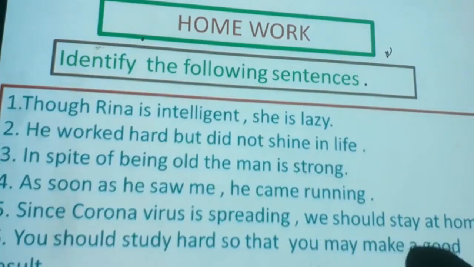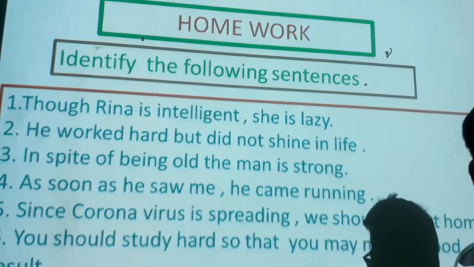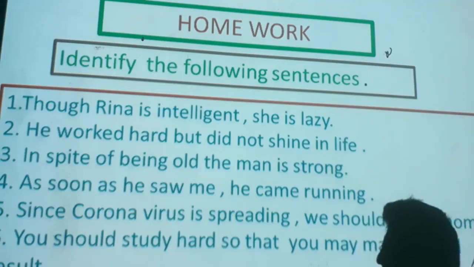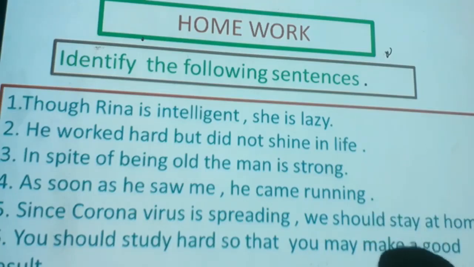Number one, though Rina is intelligent, she is lazy. Number two, he worked hard but did not shine in life. You just have to identify: number one, which sentence? Number two, which sentence?